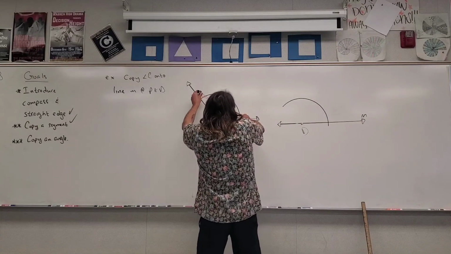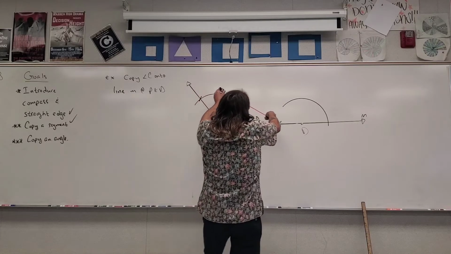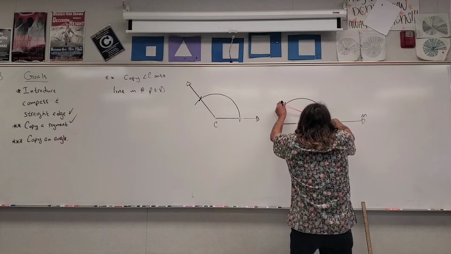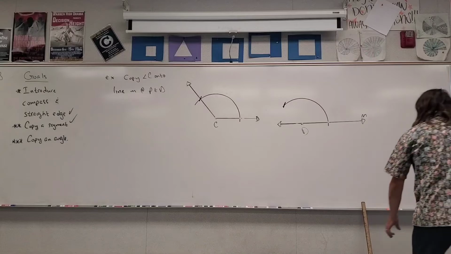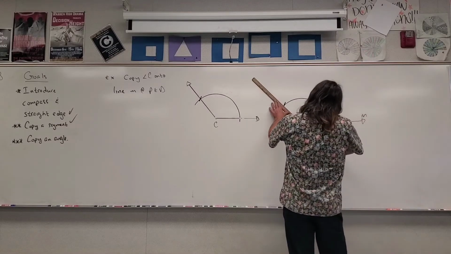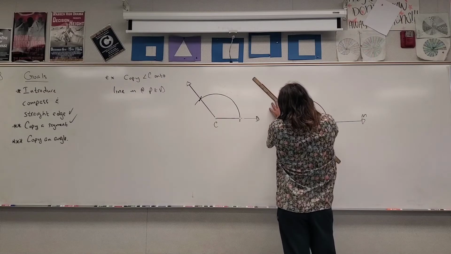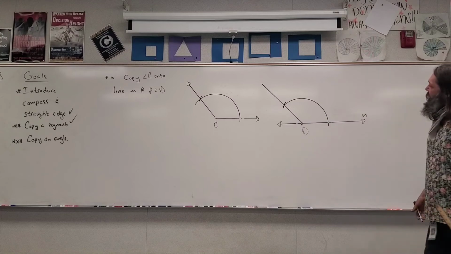See, there it is, opens up that much. Then we come over here and copy it. Opens up that much. All right, so now I'm going to connect them up. And I have now copied my obtuse angle.